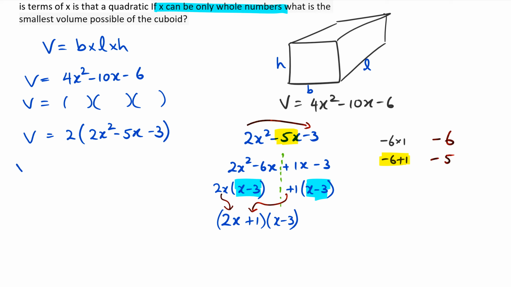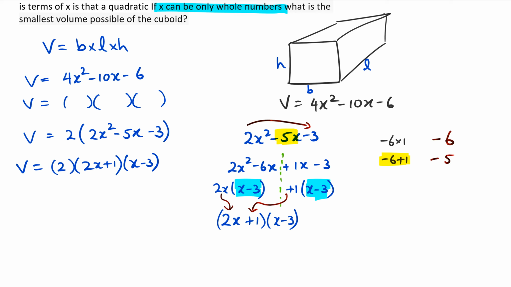If you go back to my volume equation, I've got 2 multiplied by 2x plus 1 and then x minus 3. So what I want to know is, for values of x that can only be whole numbers, what's the smallest volume possible?